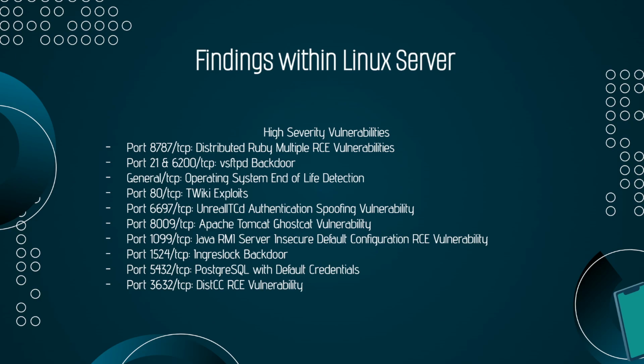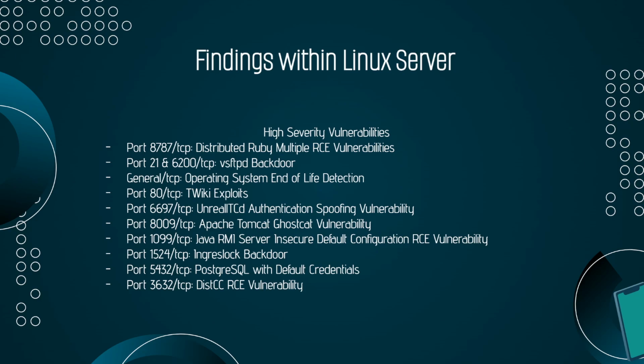So, for the Linux server, through the scans, this hidden Linux server was found to have a large number of high severities across multiple open ports and services. Here, I'll go ahead and just discuss the high severities. First, we have port 8787, which is the distributed Ruby multiple RCE vulnerabilities.